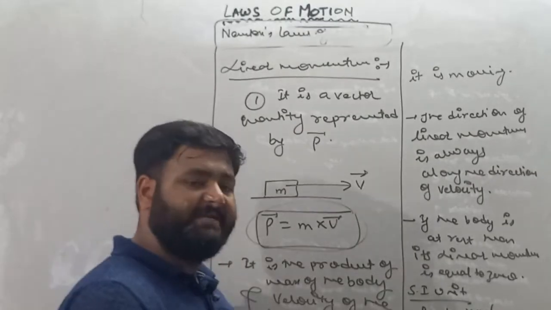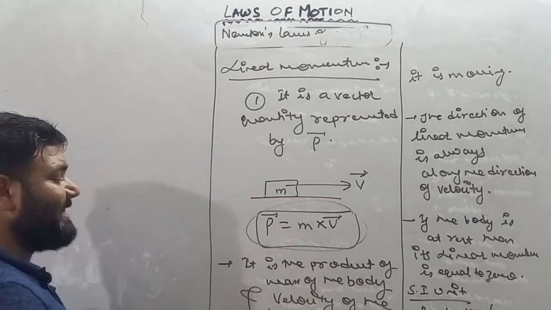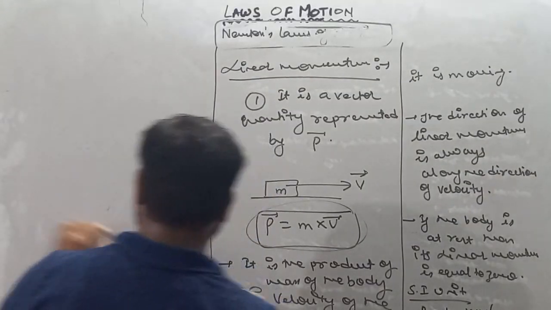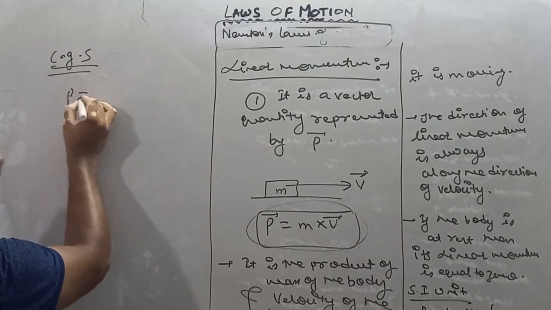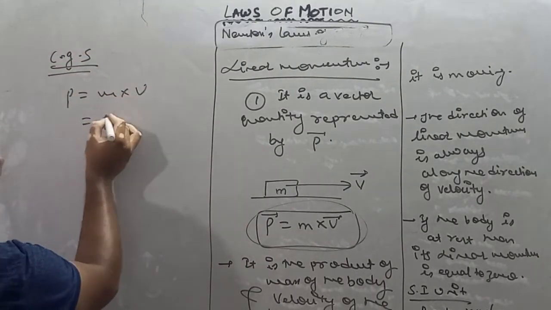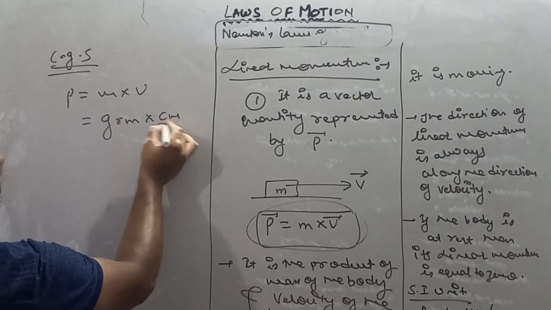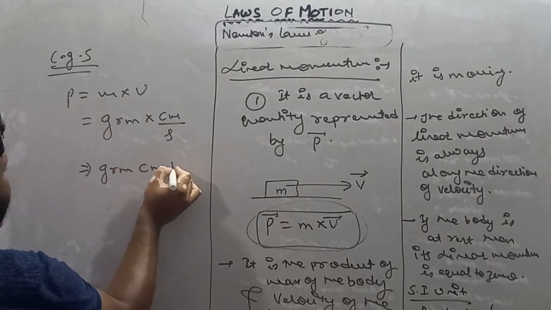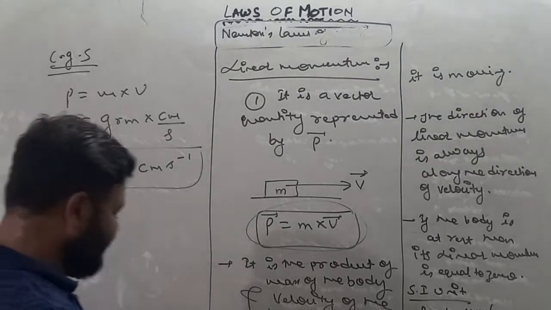If I am talking about the CGS unit, then P is equal to mass into velocity, where mass is in gram and velocity is in centimeter per second. So it is gram centimeter per second. This is the CGS unit of linear momentum.